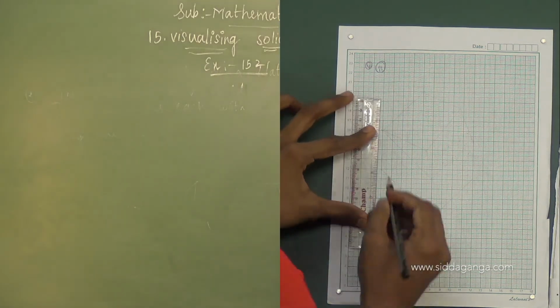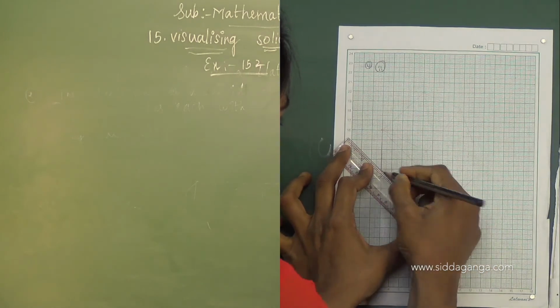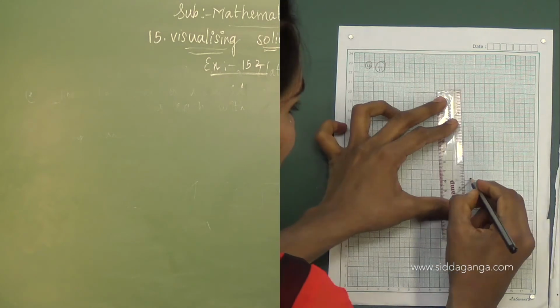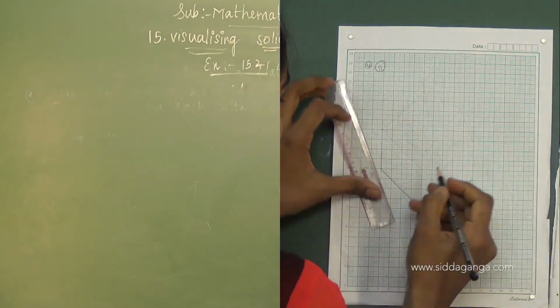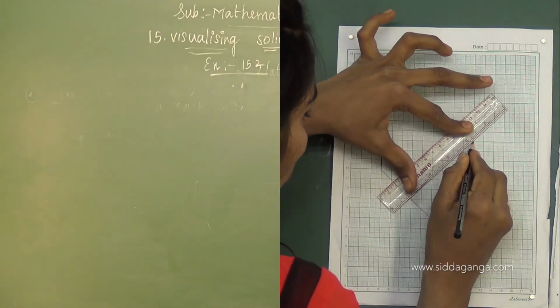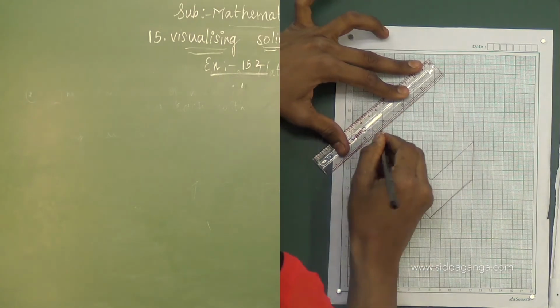See here. Height is 4 centimeters. Just what is there on that oblique sketch we have to represent here. No need to maintain the dimensions, because in oblique sketch there is no necessity to draw them with the proper dimensions.